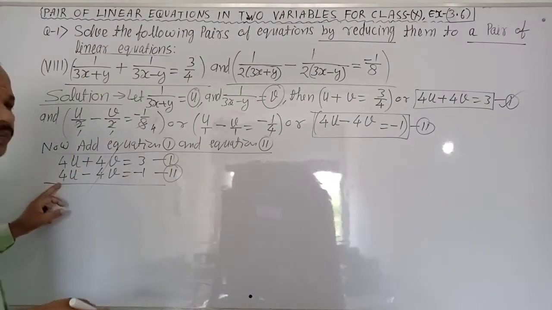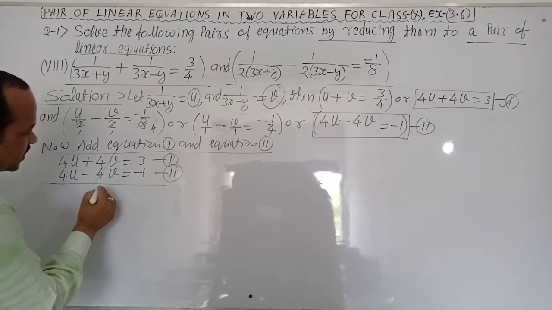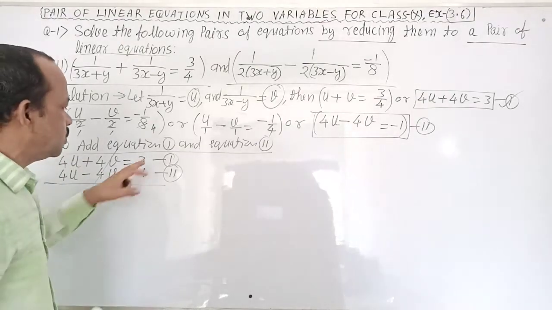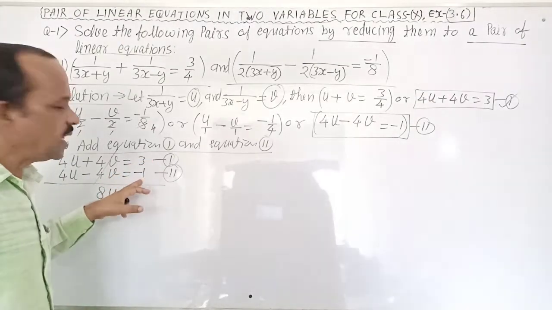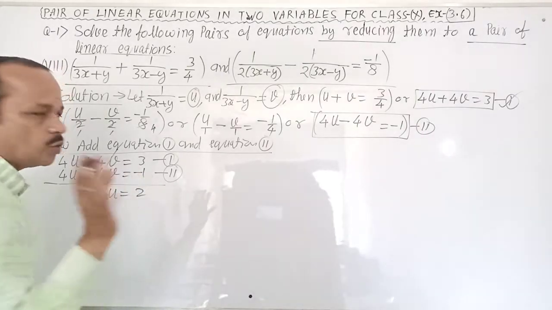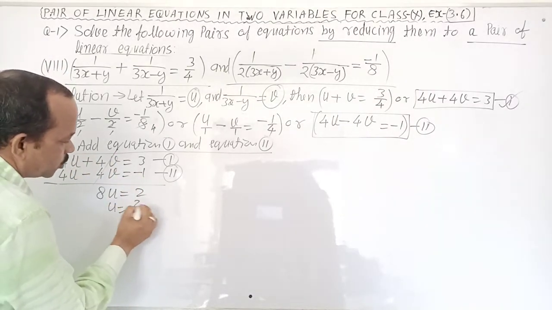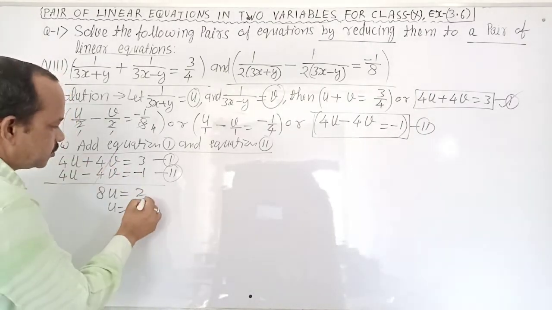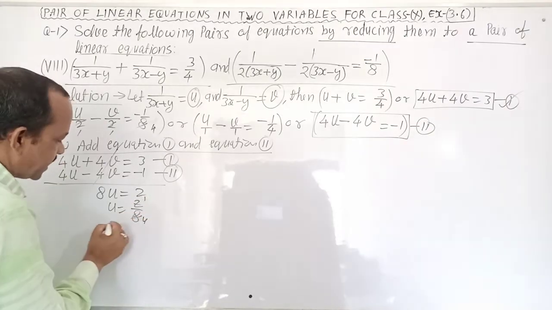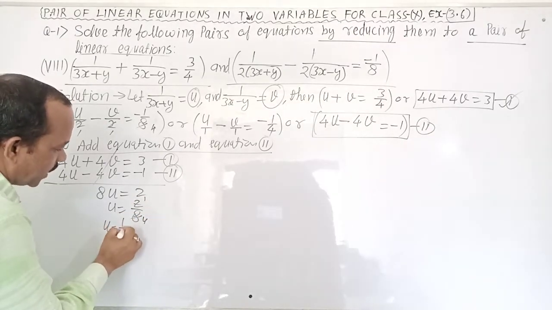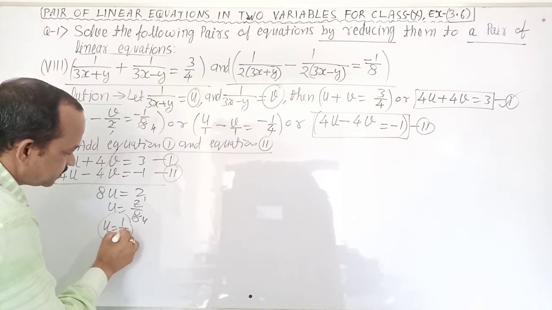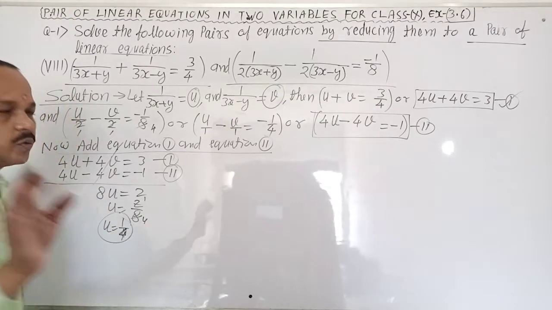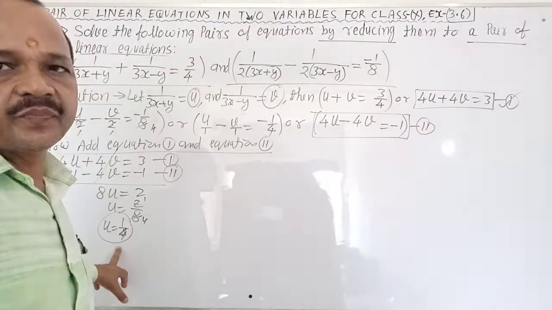Here 4u plus 4u becomes 8u equal to 3 minus 1. Subtract, it becomes 2. u equal to 2 by 8. Cut, 2 1 ja 2, 2 4 ja 8. u equal to 1 by 4. You find u equal to 1 by 4.